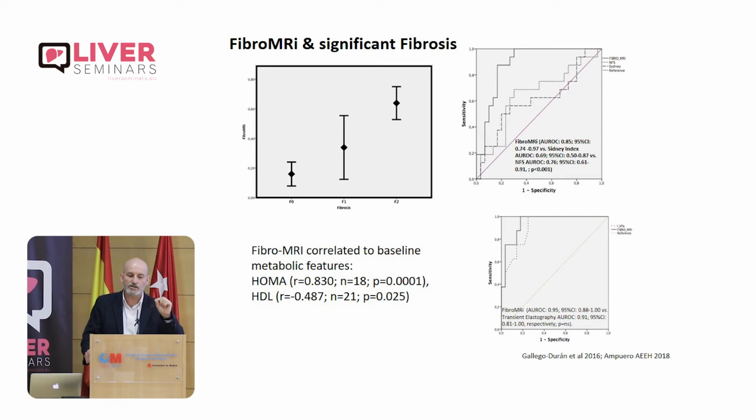This thing that we are looking at in the liver using an optical analysis correlates positively with the HOMA, with a coefficient of 0.83, and also with HDL, in a negative correlation, because the lower the HDL, the worse the situation. From my point of view, this reinforces the usefulness of NASH MRI and fibro-MRI in the management of the disease.